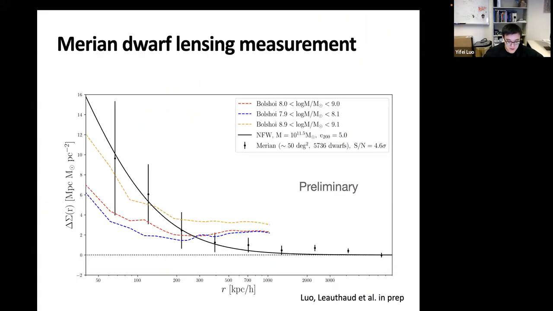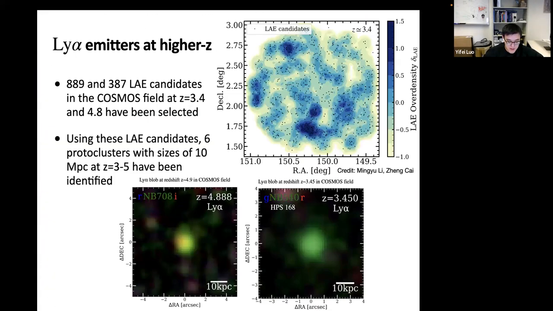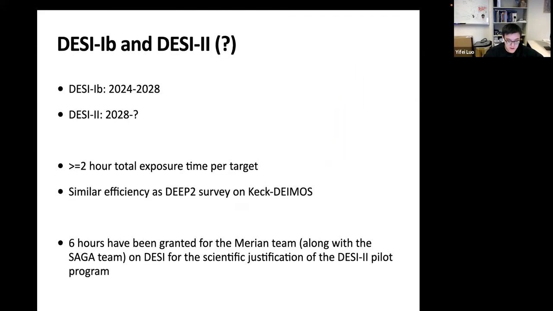DESI is actually finishing earlier than planned, so there will be a DESI-II, or actually a DESI-1B, say between 2024 and 2028.